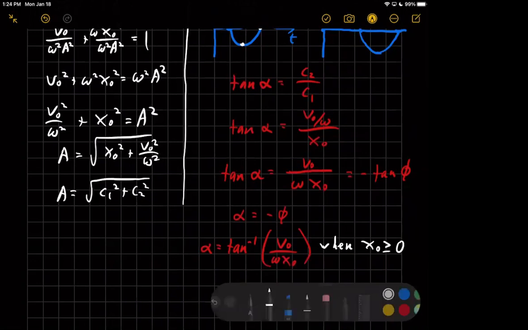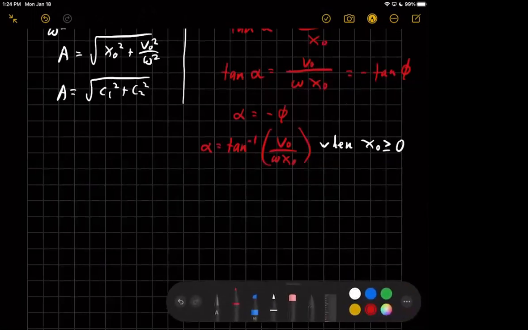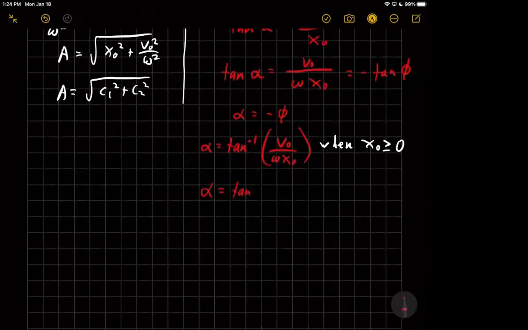If X naught is negative, that puts us, with our phasor diagram, in quadrants 2 or 3, then we would have to say alpha is the inverse tangent of V naught over omega X naught, and remember this has to do with cycles, so we want to make sure that we do this in radians.